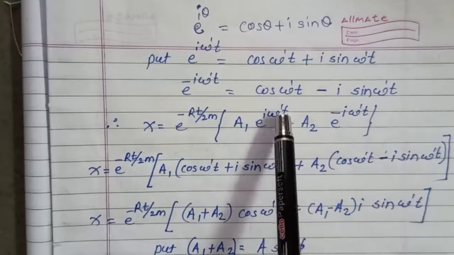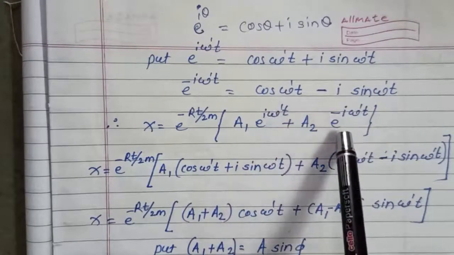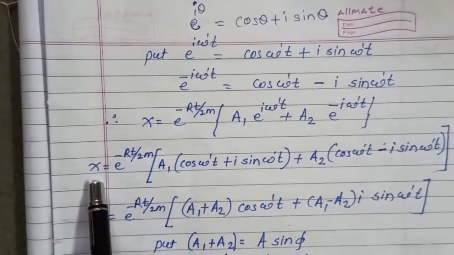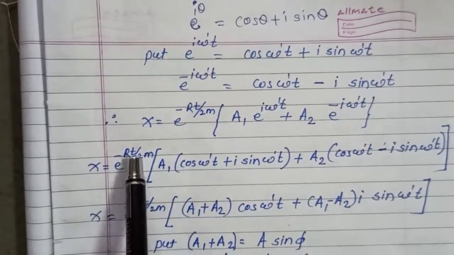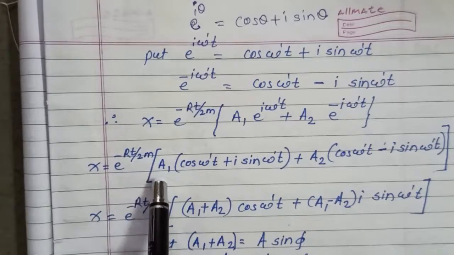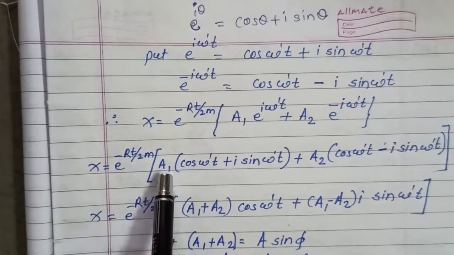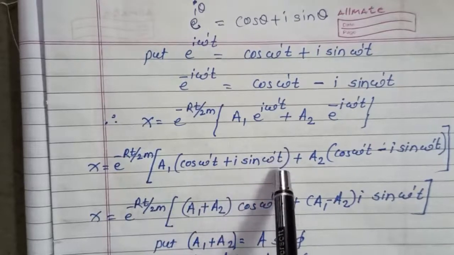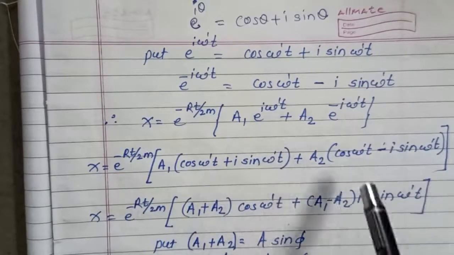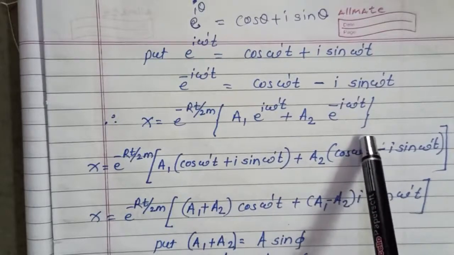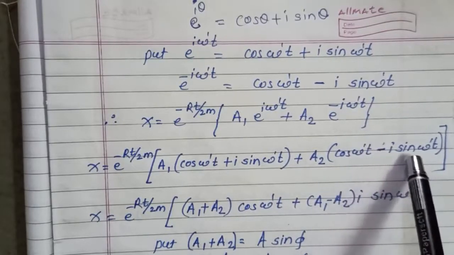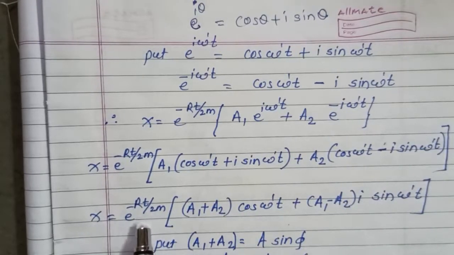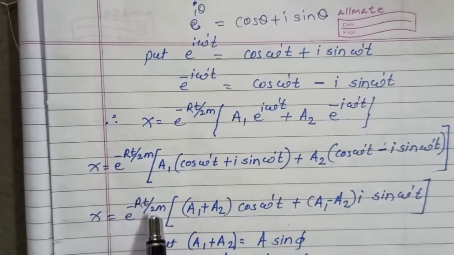Put the value of e raised to i omega dash t and the value of e raised to minus i omega dash t. Then we have x is equal to e raised to minus rt upon 2m inside the bracket a1 (cos omega dash t plus i sin omega dash t) plus a2 (cos omega dash t minus i sin omega dash t). So x is equal to e raised to minus rt upon 2m.